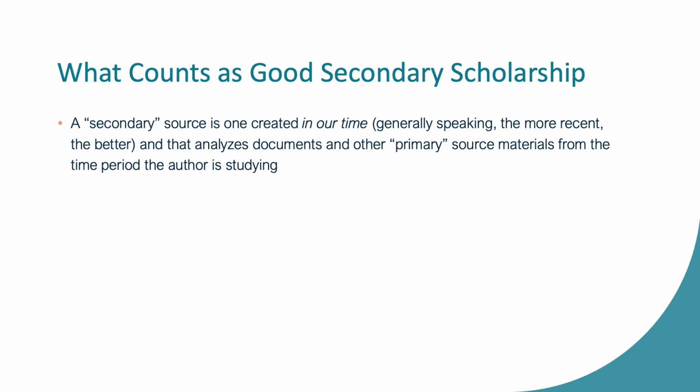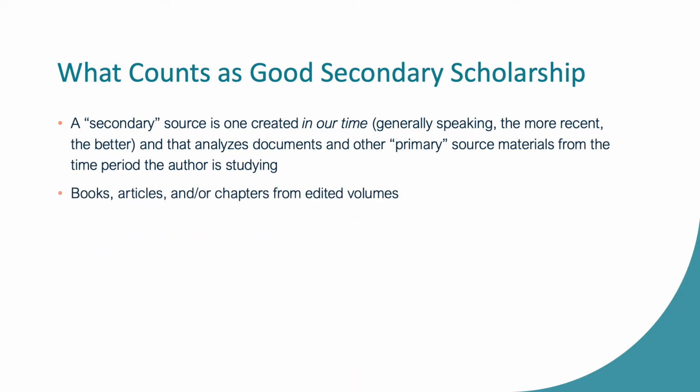The basic distinction that historians make between secondary sources and primary sources is that secondary sources come from our time, and primary sources come from the time period that you're studying. More particularly, a secondary source is a piece of academic research that analyzes documents and other kinds of primary source materials from the time period that the author is studying.